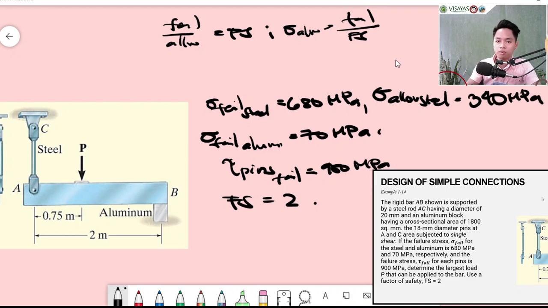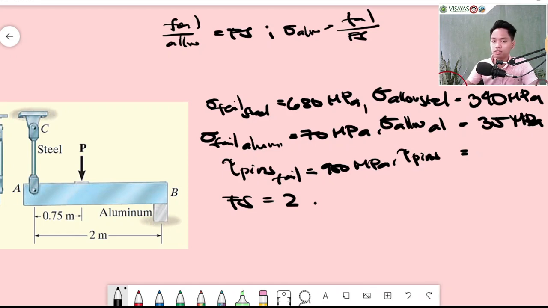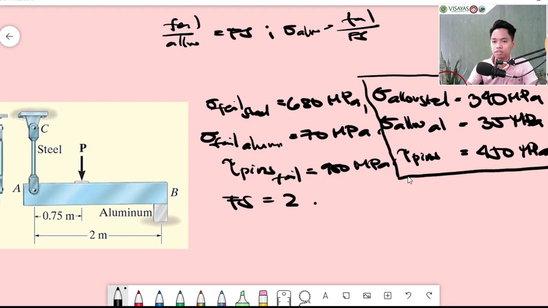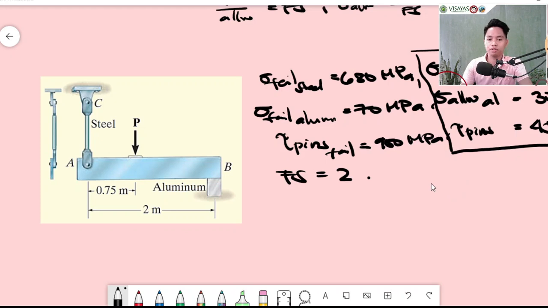For your aluminum, that would be 35 MPa. Now, for your pin, allowable, that would be, kung 900 na siya, that would be 450 MPa. So, mao ni nga mga values ang ato gamiton sa ato ang design.